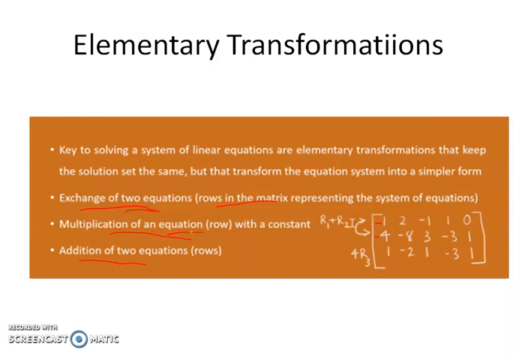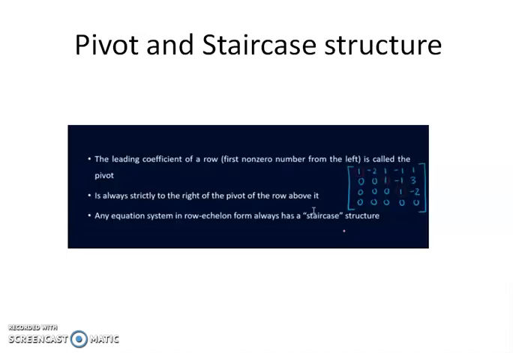Then multiplication of an equation or row by a constant means any row can be multiplied by a constant value, say 4r3. Then addition of two equations means you can add two rows, like r1 plus r2, so r1 can be replaced with r1 plus r2. This is the elementary transformation.